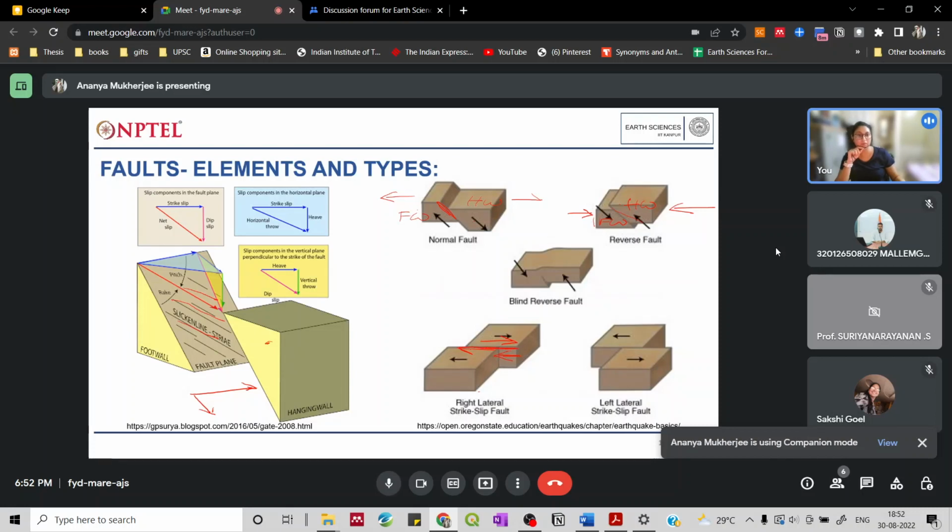If you remember, we had learnt about strike and dip of the planes, bedding plane, fault plane in the previous lecture. So you can first watch that, and then you will understand when I'm talking about the strike of the fault, and the movement is along the strike. And the same way over here. Now why is this right lateral? Because if you observe from here, the right hand block is coming towards you, and when you observe from here, the left hand block is coming towards you. That is why right lateral and left lateral.